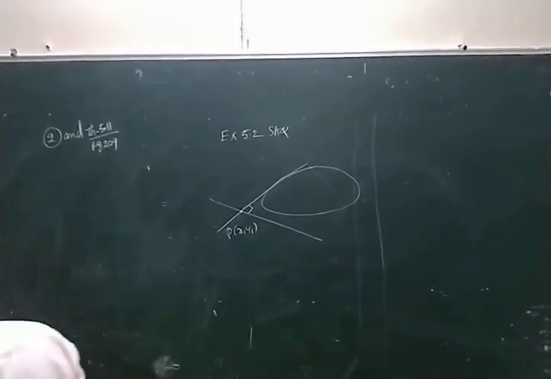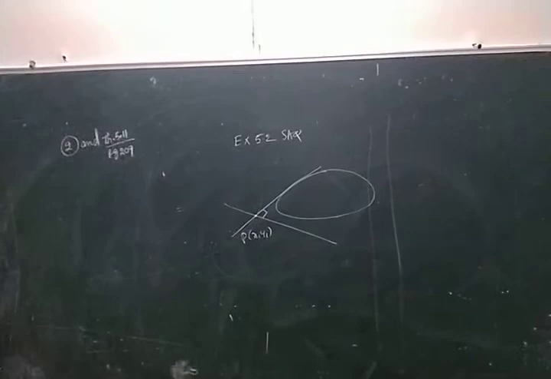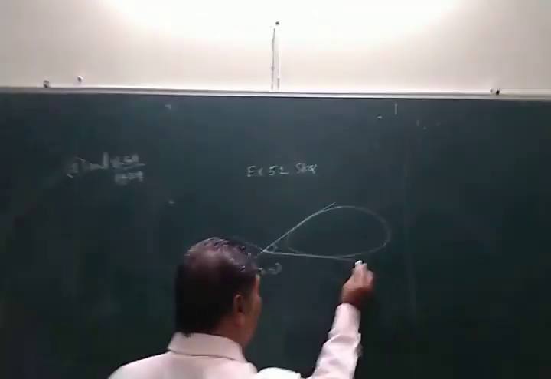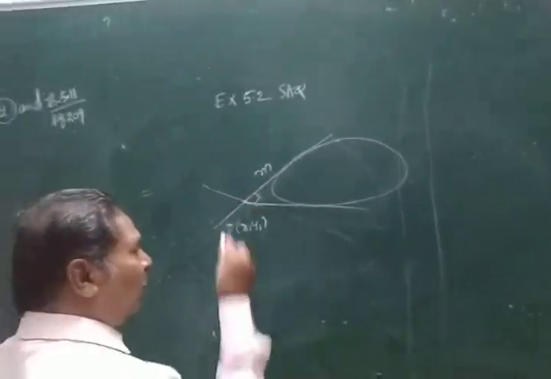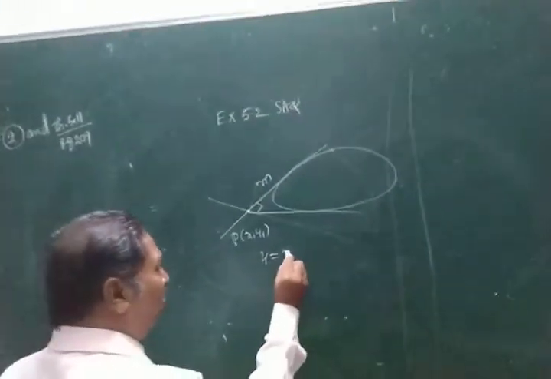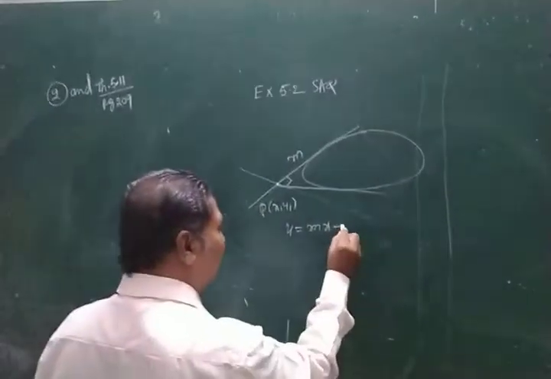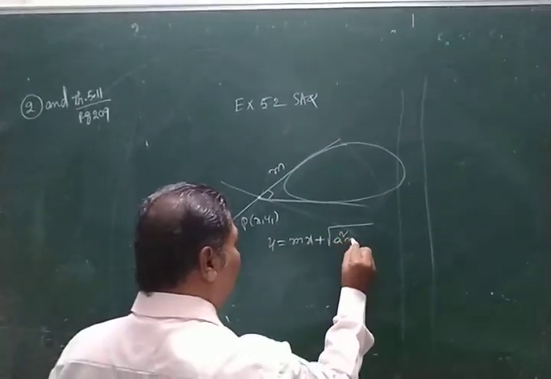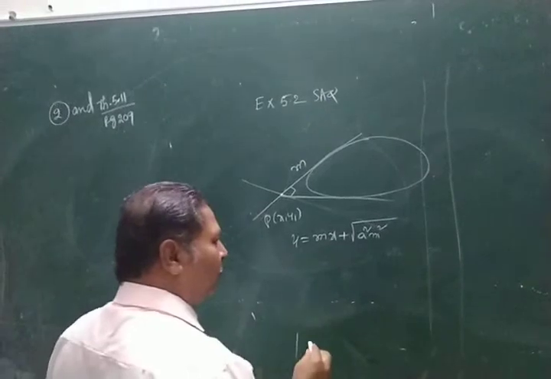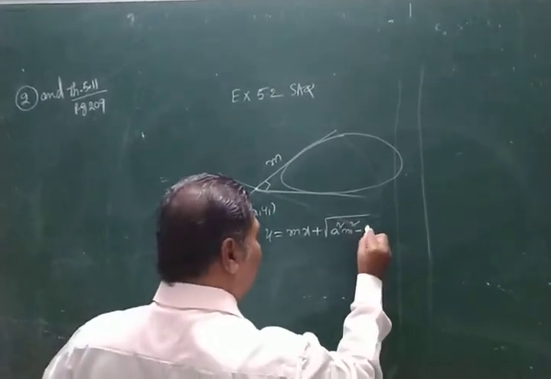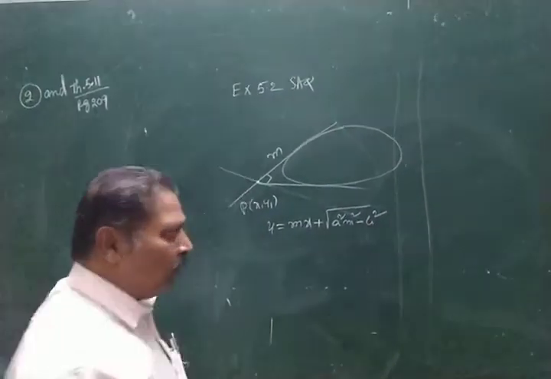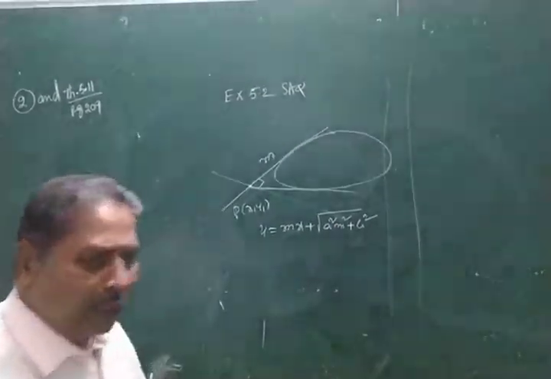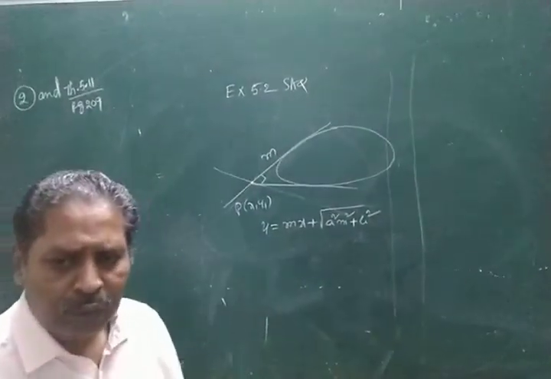So, equation of the tangent. Listen. Equation of the tangent in the slope form: y equal to mx plus or minus under root a square m square plus b square. This is the ellipse director circle theorem.